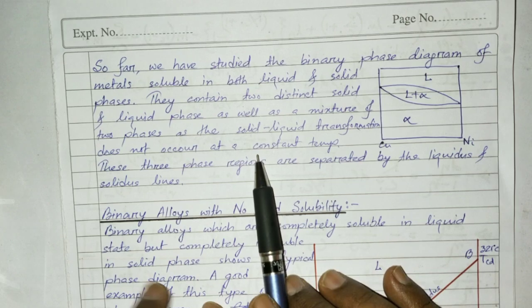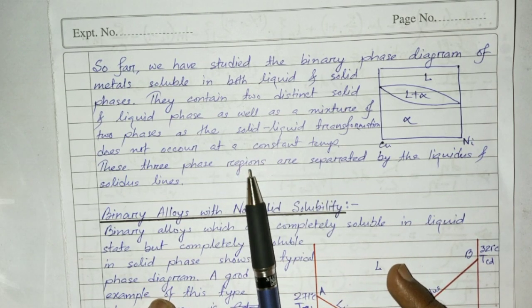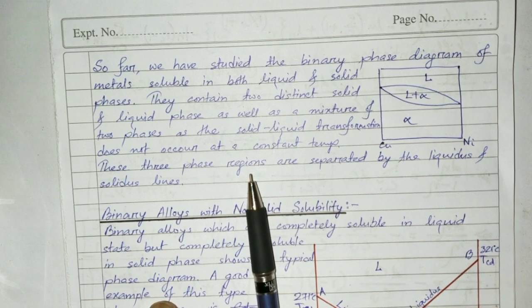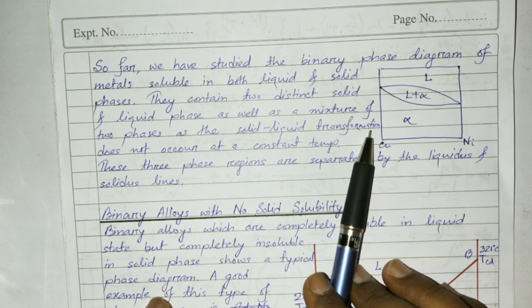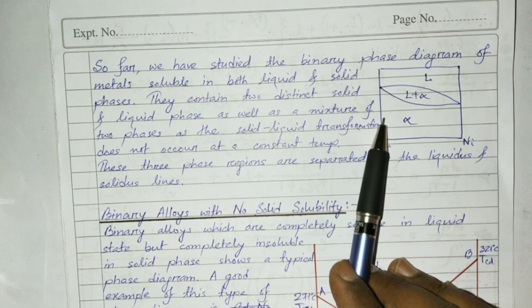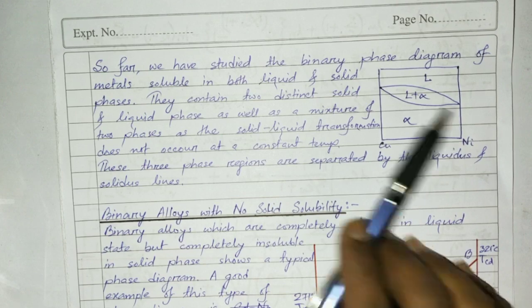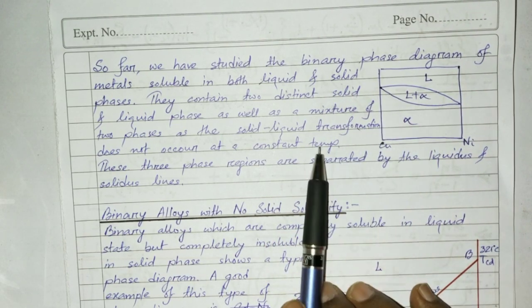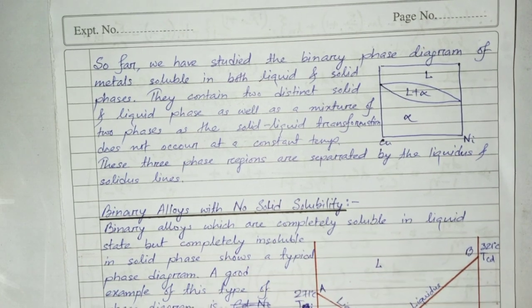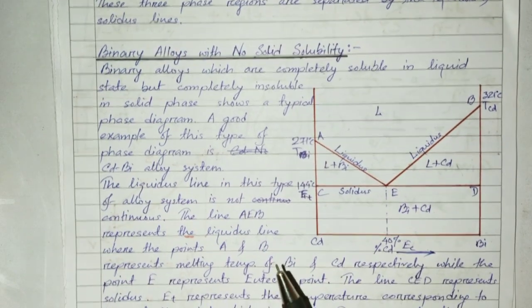So till now we have studied the phase diagram of materials or alloy systems, you may say, in which the two metals are soluble in both solid and liquid phases, and in that phase diagram we saw that the entire diagram is divided into three sections by two lines. One is called the solidus line and another is called the liquidus line. Clear? But now we will move forward to some more complex phase diagrams.